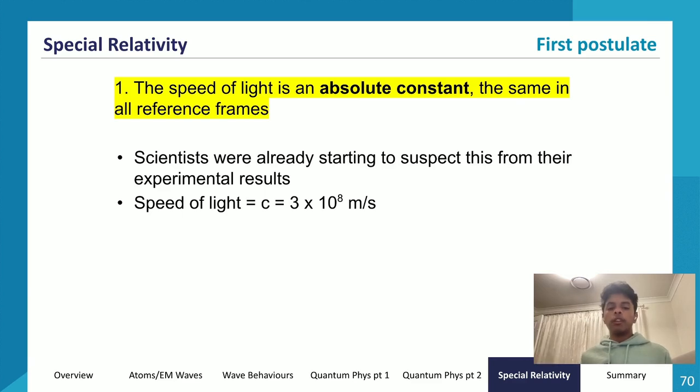Now if I'm looking from an outside perspective, you'd think that light will be traveling at 1.9 times the speed of light, because I'm traveling at 0.9 c and I'm shining a ray of light at 1 c, but it's not. From inside the box, I see light traveling at c regardless of what speed I'm traveling at. Even though I'm traveling at 0.9 c, I see light traveling at 1 c.